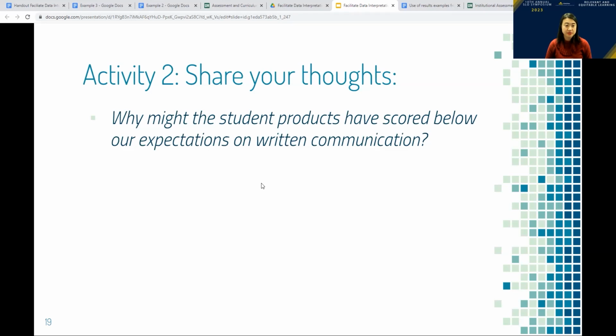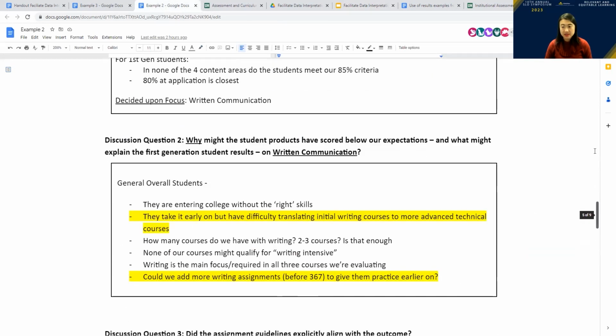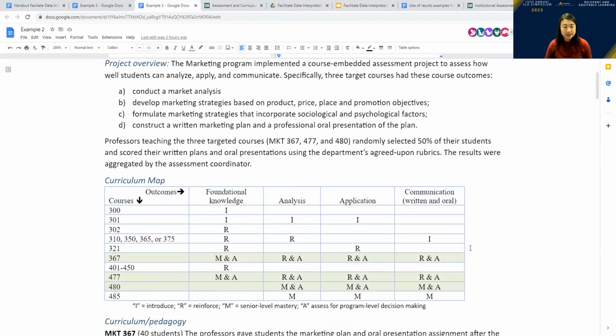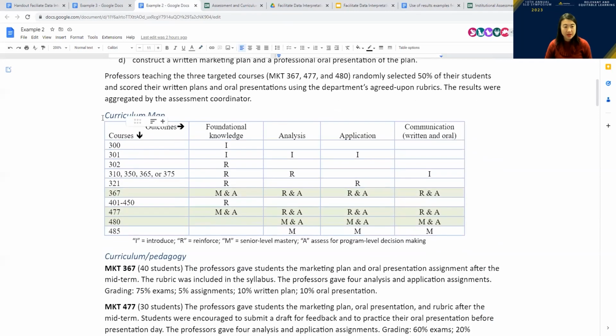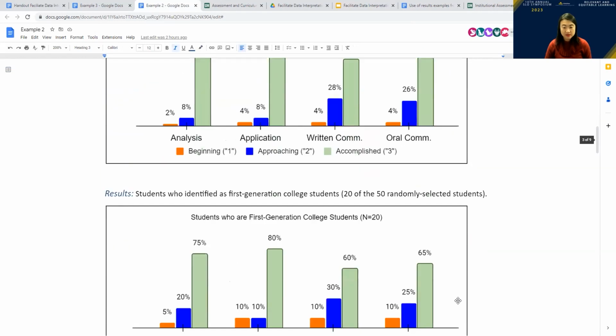You are going to answer this question: why might the students' products have scored below our expectations on written communication? So everybody now should be able to access the example 2 handout. You only need to read from the curriculum map here to here, the first chart.